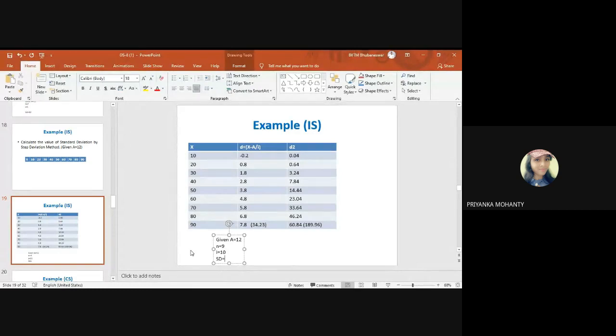Get the square root value, then multiply by the class interval. What is your answer for standard deviation?